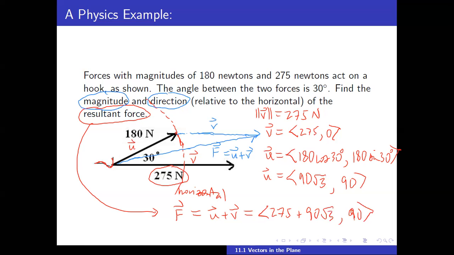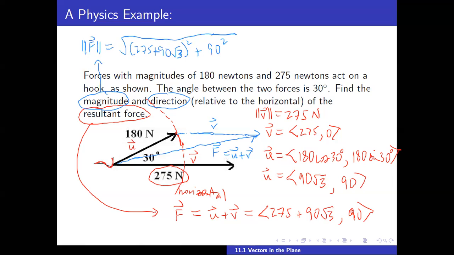Yeah, that's right. So the magnitude, that's going to be the length of F, yes, which is going to be the square root of this disaster, right? So 275 plus 90 root 3 squared plus 90 squared, yes? Whatever that happens to be, okay?